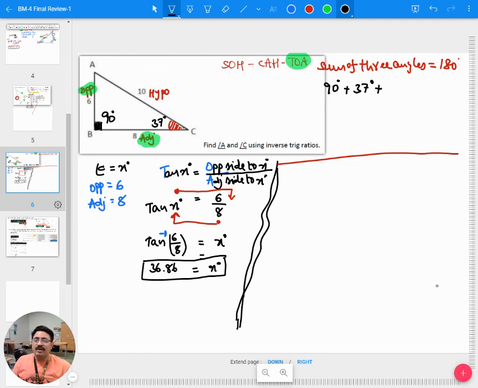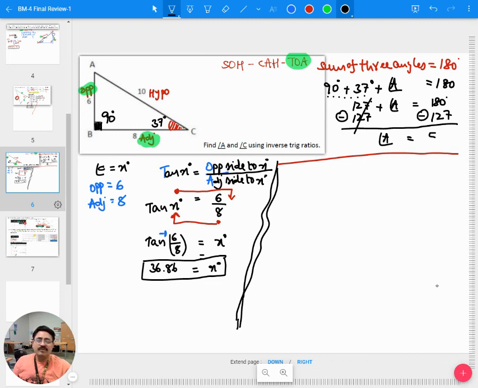And the third angle, which is A, is 180. So 90 plus 37 gives me 127, plus A equals 180. You know how to isolate A by inverse operation, which is subtraction. Value of A equals 53 degrees.